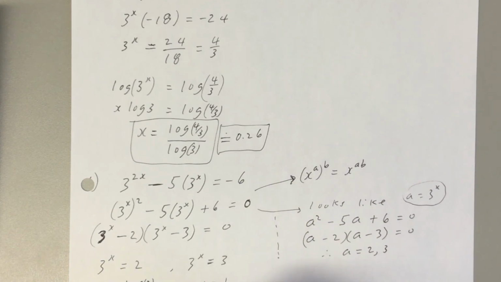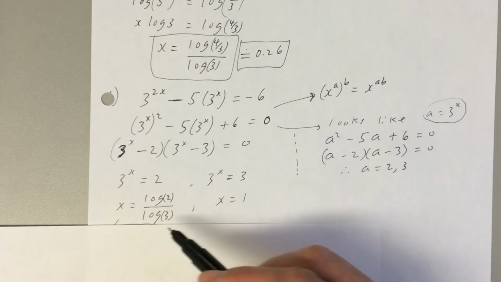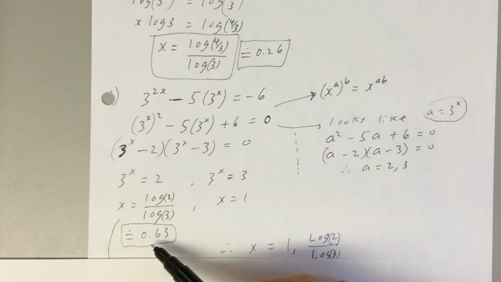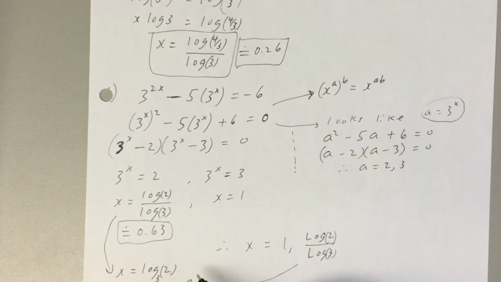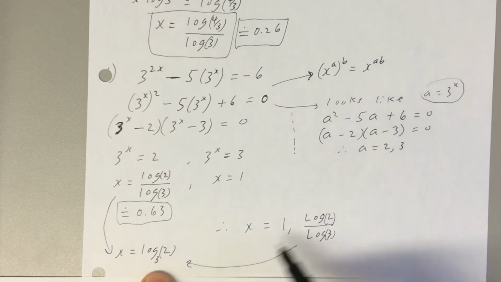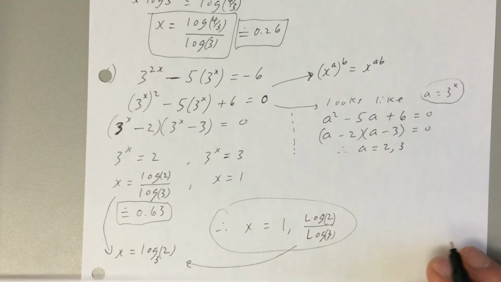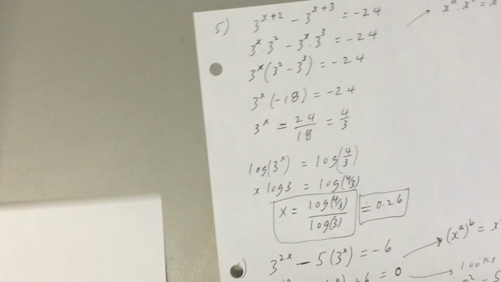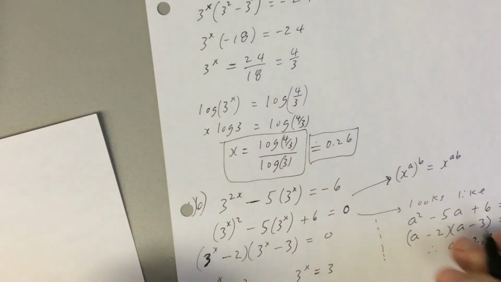For the first one, it's going to be log 2 over log 3, which is approximately 0.63, or it's log base 3 of 2 if you don't want to use your calculator. For the second, 3 to something equals 3, x has got to be 1. So here are the solutions to that one. And that's exponential equations.